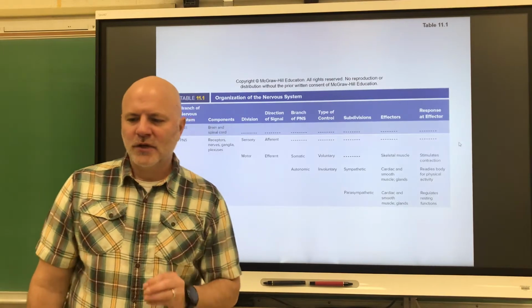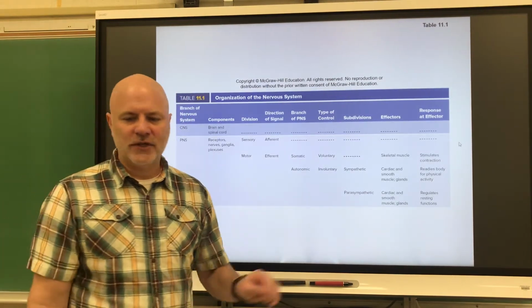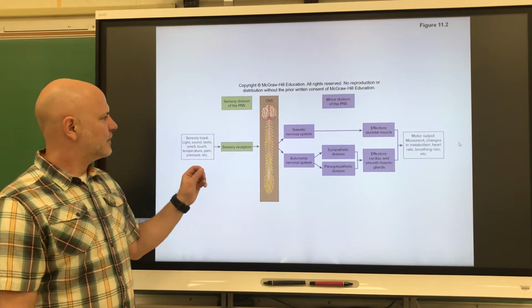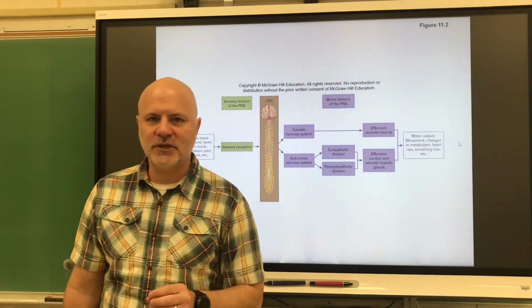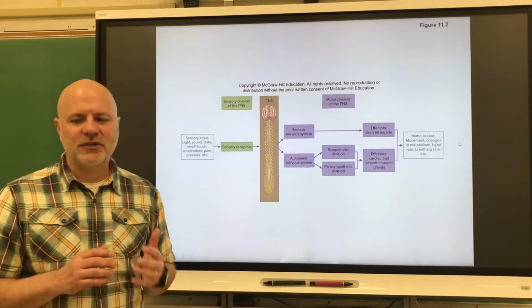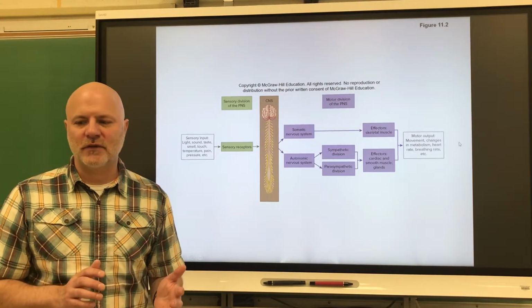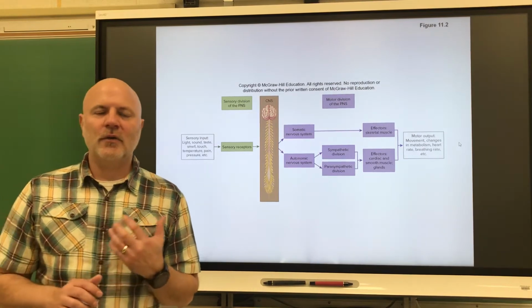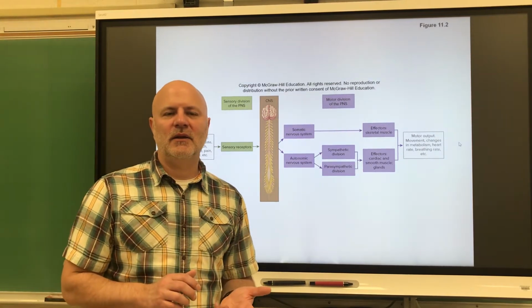The first is our sensory division. Our sensory division are nerve fibers that transmit impulses to the central nervous system from sensory receptors. There are two sensory division parts.